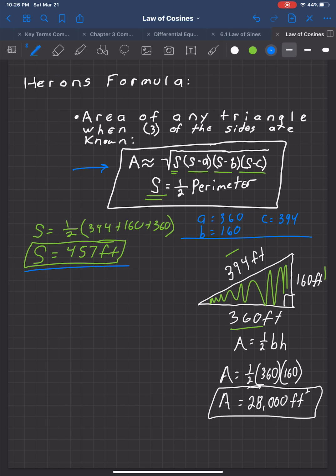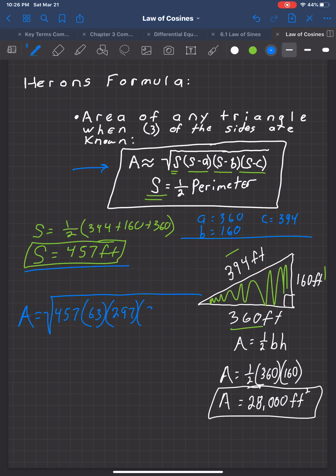So the area is going to be approximately equal to 457 times S minus A. Now I'm just going to write S minus B, S minus C, and you should get 63, 297, and 97, right?